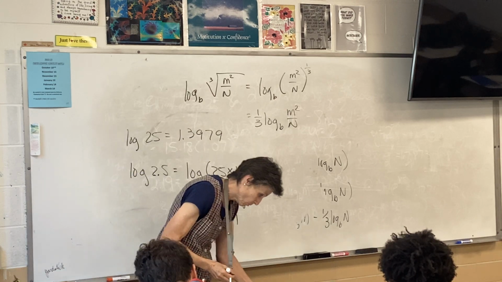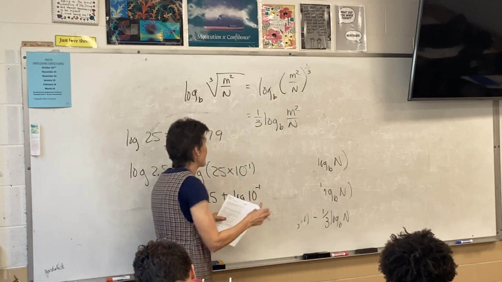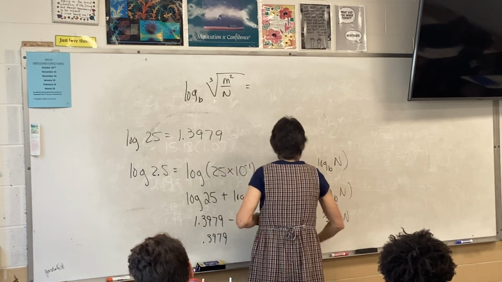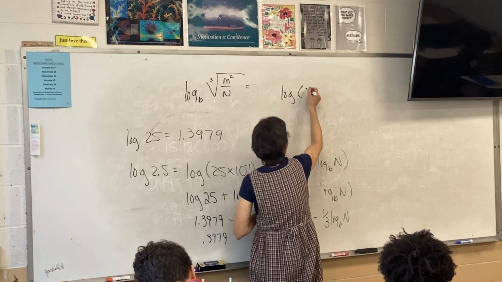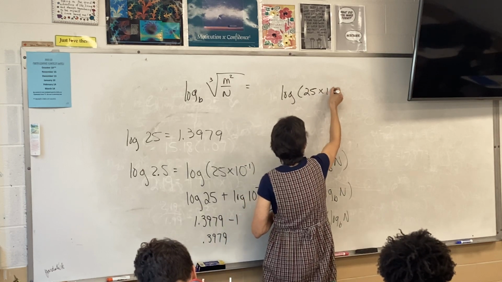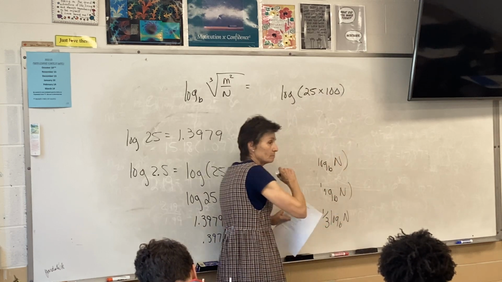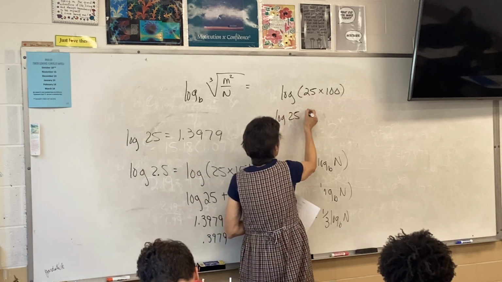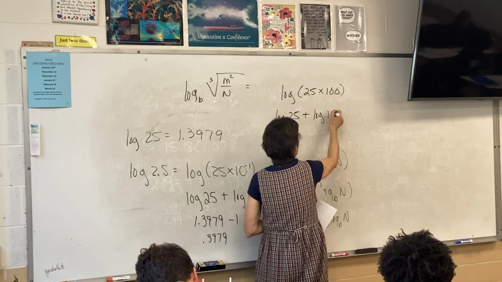So then they want to know what's the log of 2,500. Well, isn't 2,500 25 times 100? Which will be the log of 25 plus the log of 100.